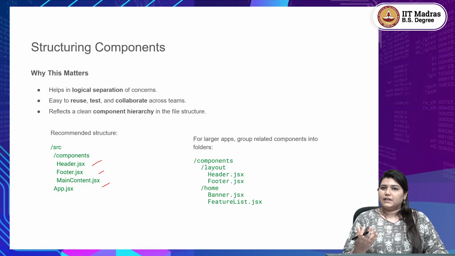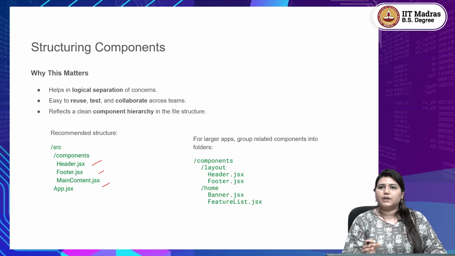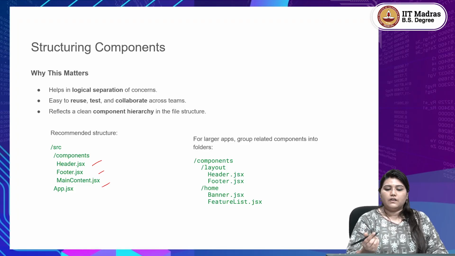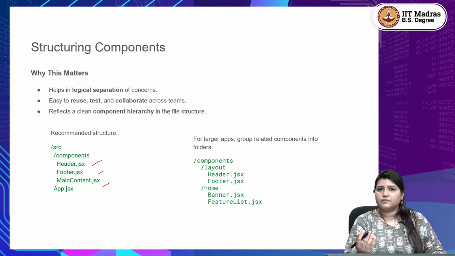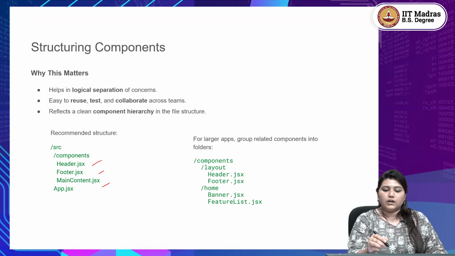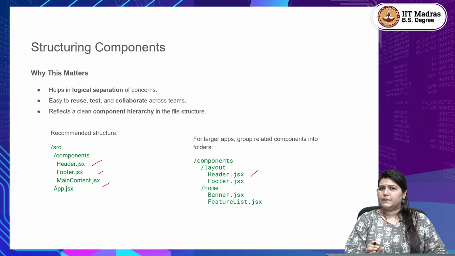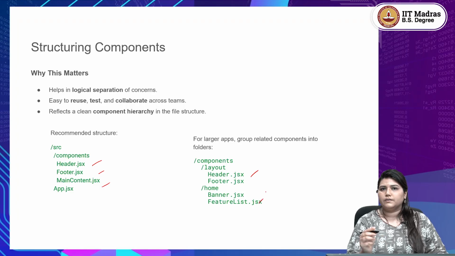For larger applications, it's a good idea to group components based on feature or section. For instance, layout-related components go into a layout subfolder, and home page specific components like banner or feature list might go into a home folder.